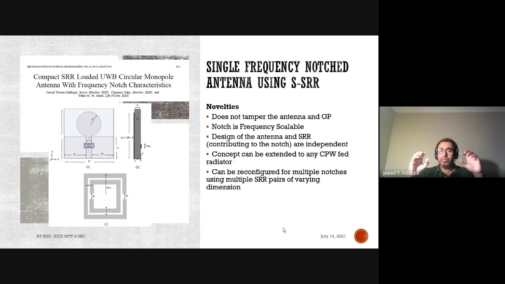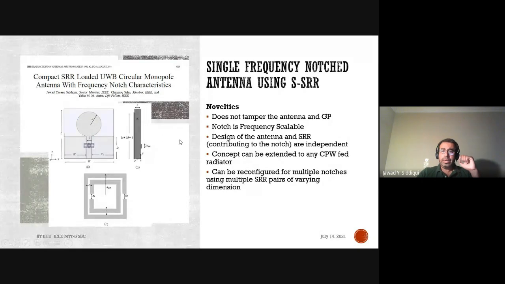So in our work, as you can see here, this is basically an ultraviolet monopole antenna, a very simple coplanar waveguide fed monopole antenna. You have a split-ring resonator, which is placed strategically on the other side of the printed monopole antenna.